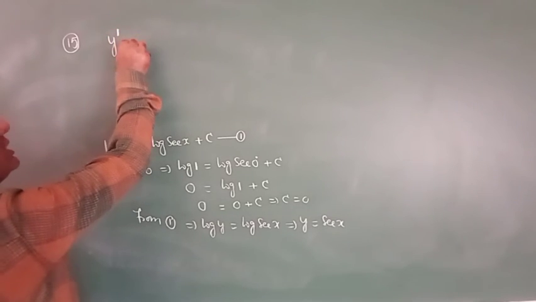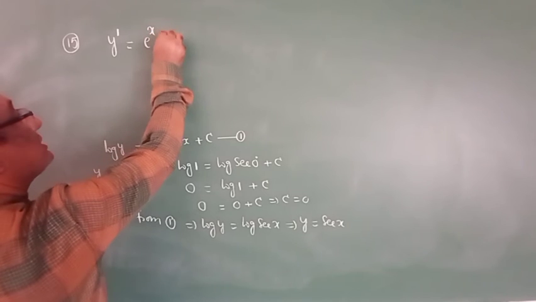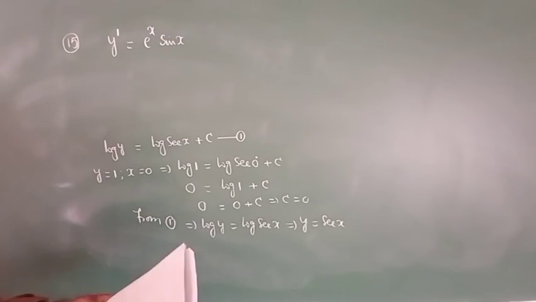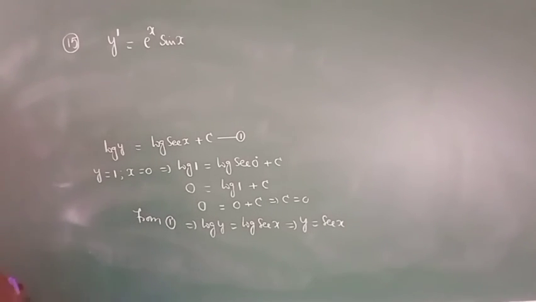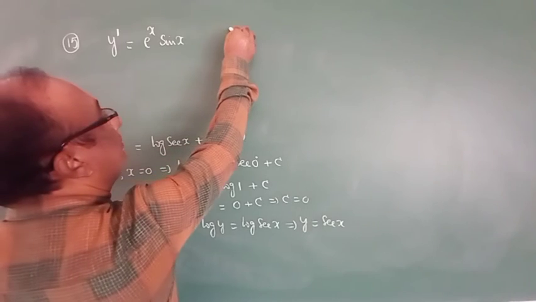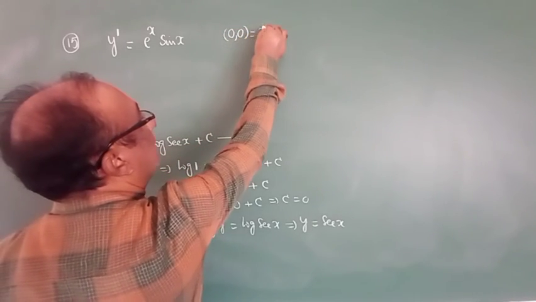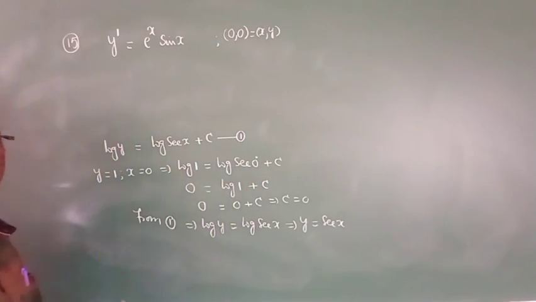So the first point is the curve's differential equation is given: y dash is equal to e power of x into sin x. Is it clear, everyone? The point given is (0, 0), meaning the x coordinate is 0 and the y coordinate is 0, for finding the c value.